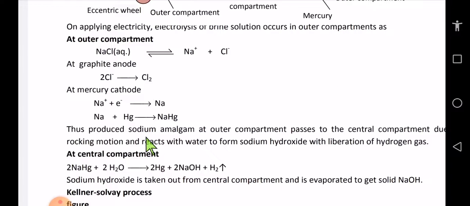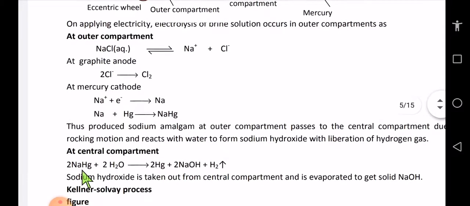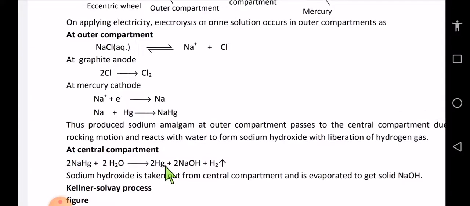When sodium amalgam reaches the central compartment, it combines with the water of the central compartment to give NaOH, caustic soda, and hydrogen gas, and mercury gets deposited at the base of the rectangular vessel to be reused.